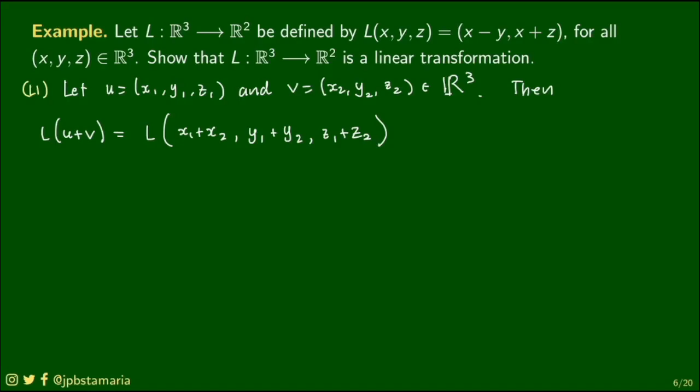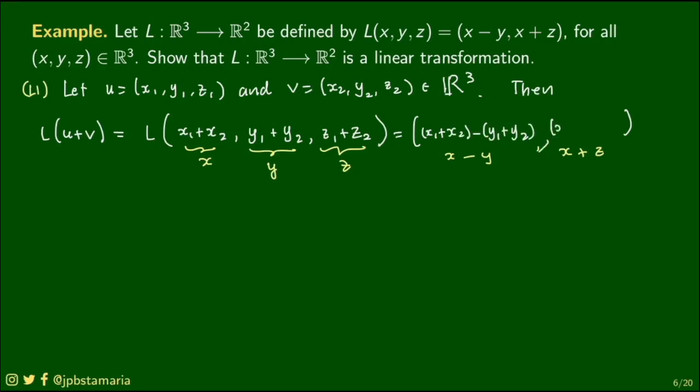Now, by looking at the definition of L, if you think of this as the x, this as the y, and this as the z, the image of this point under L is going to be the ordered pair (x minus y, x plus z). Following this formula, it will give us (x1 plus x2 minus (y1 plus y2), x1 plus x2 plus (z1 plus z2)).